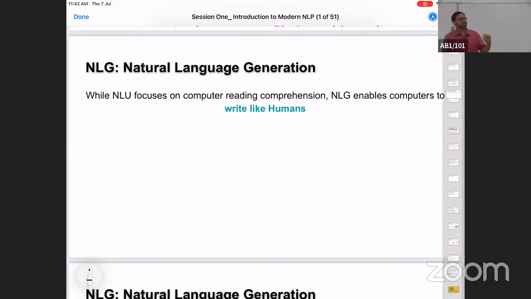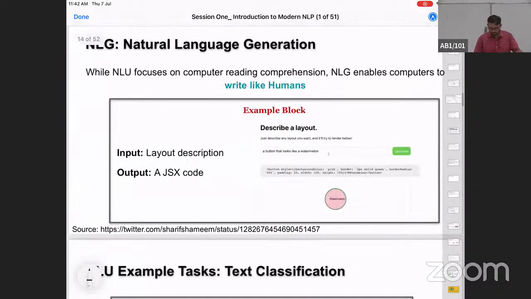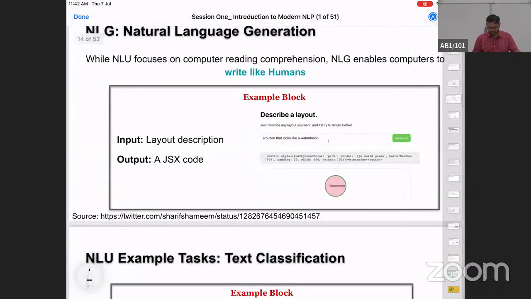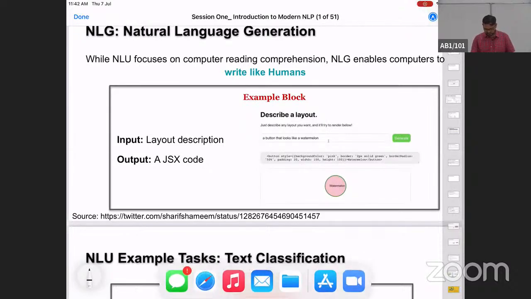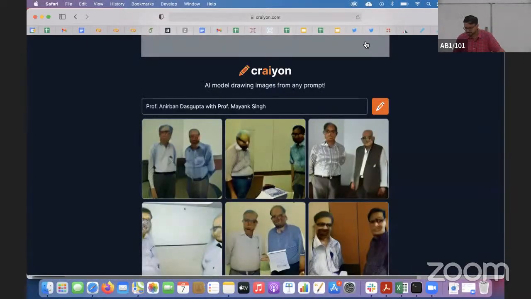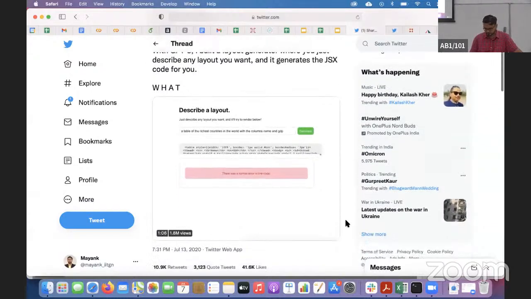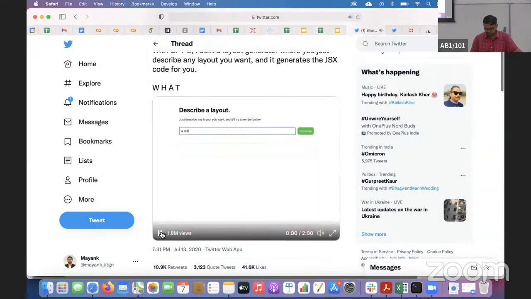We want to generate text as if it has been generated by a human. Okay, let me show you one nice example.